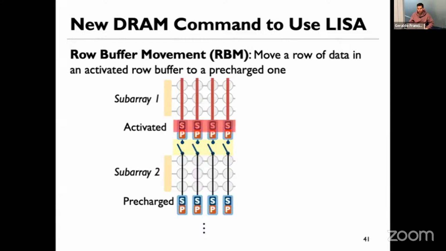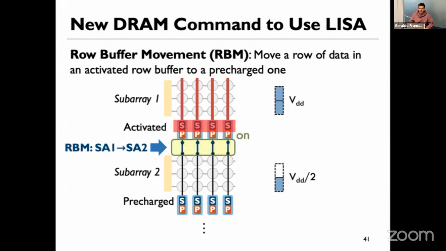So first we activate one DRAM row, and this is going to latch the data in the local amplifiers of that given DRAM subarray. Then you issue an RBM instruction from the source to the target DRAM subarray, and this is going to assert the isolation transistors and connect the local bit lines from the source subarray to the destination subarray.